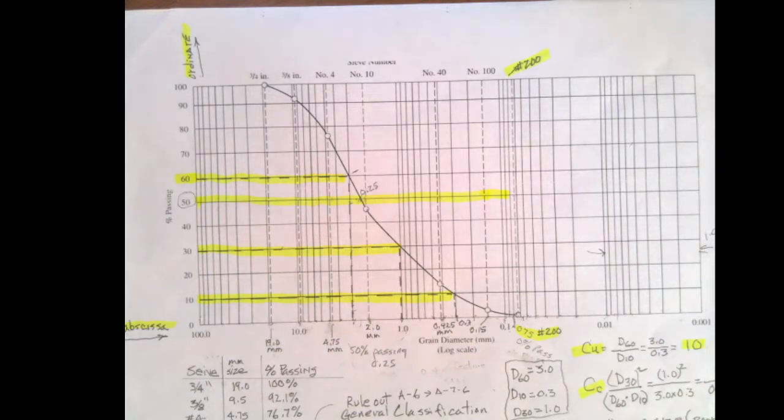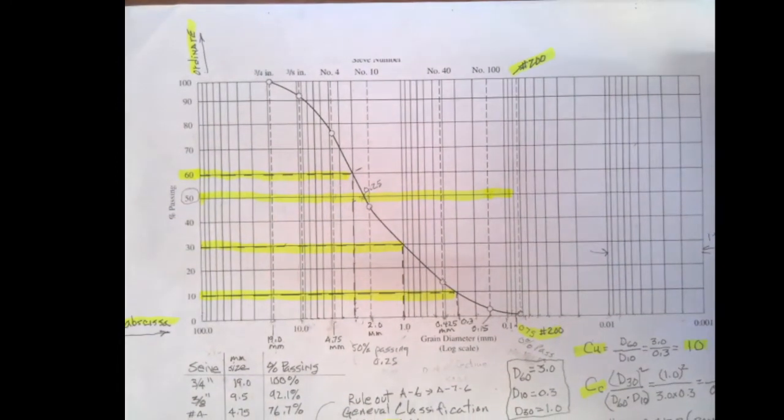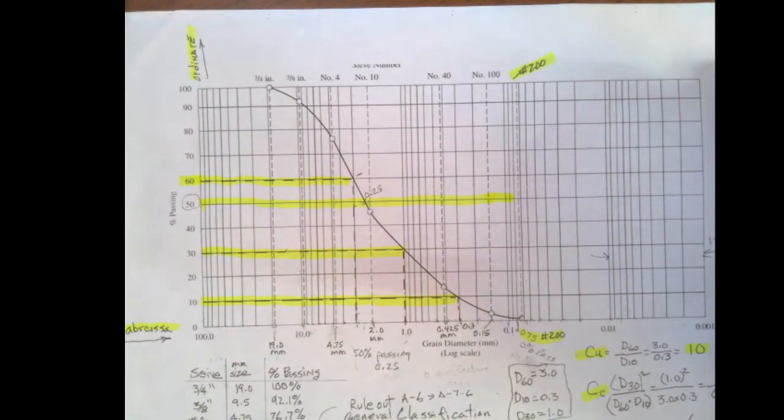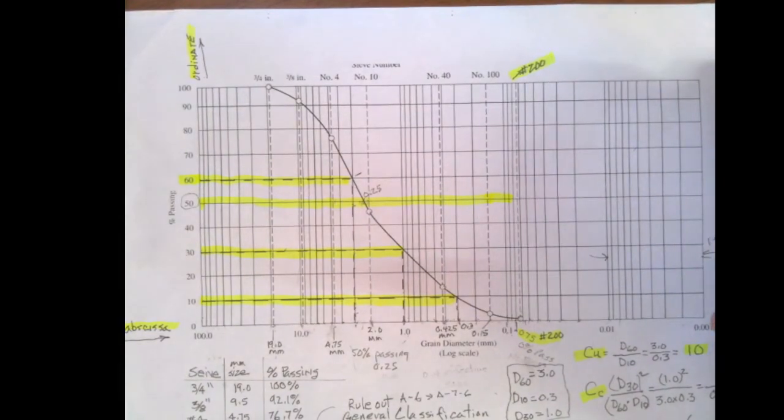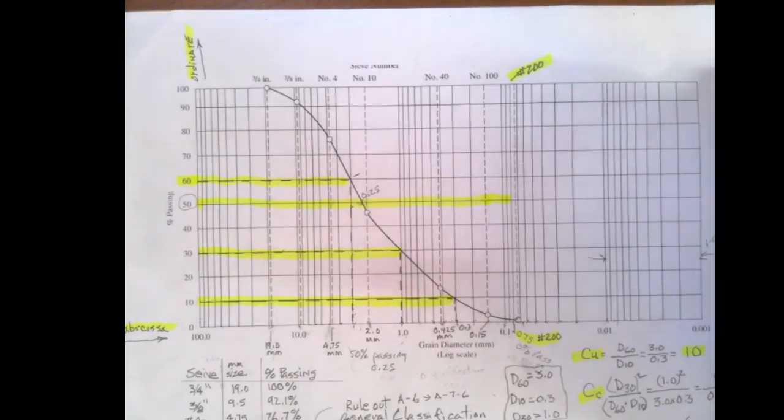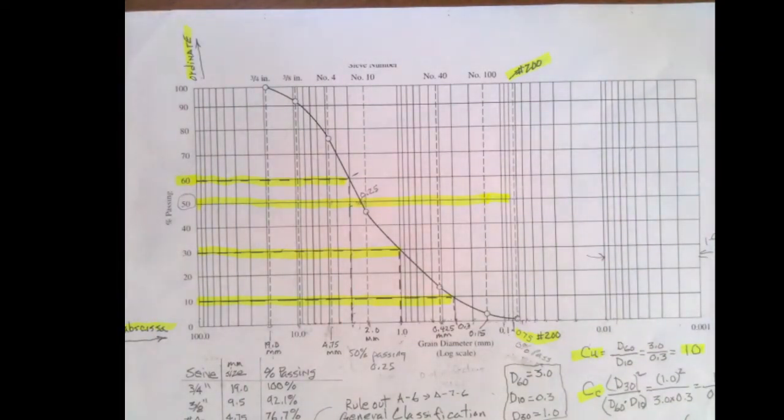I heard a couple of comments that the TA fellow did a good job of drawing the sieves and some things like that, but he kind of left us hanging on the grain size distribution curve. So that's where we're going to start.